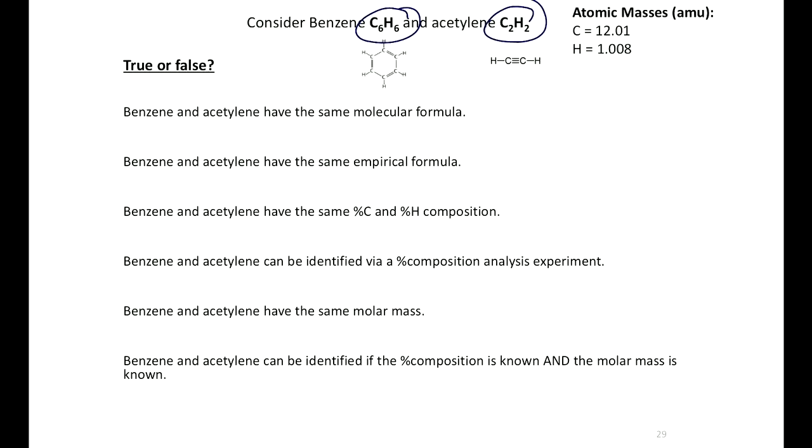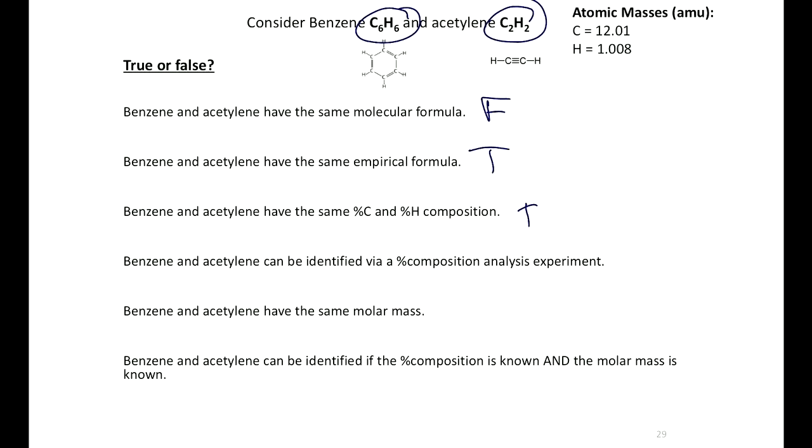Benzene and acetylene have the same molecular formula. No, false. Benzene and acetylene have the same empirical formula. True, yes. Benzene and acetylene have the same percent carbon and percent hydrogen by composition. It is true. Calculate it yourselves.